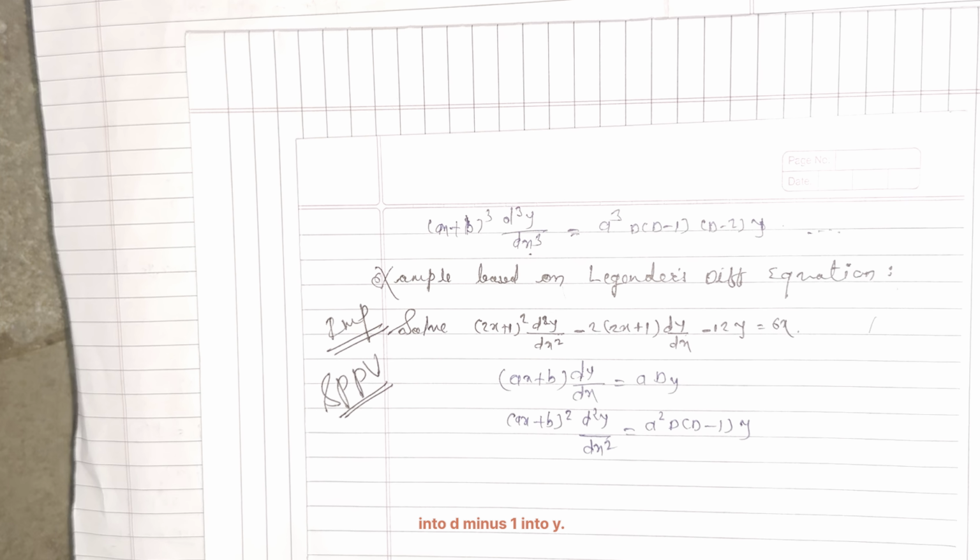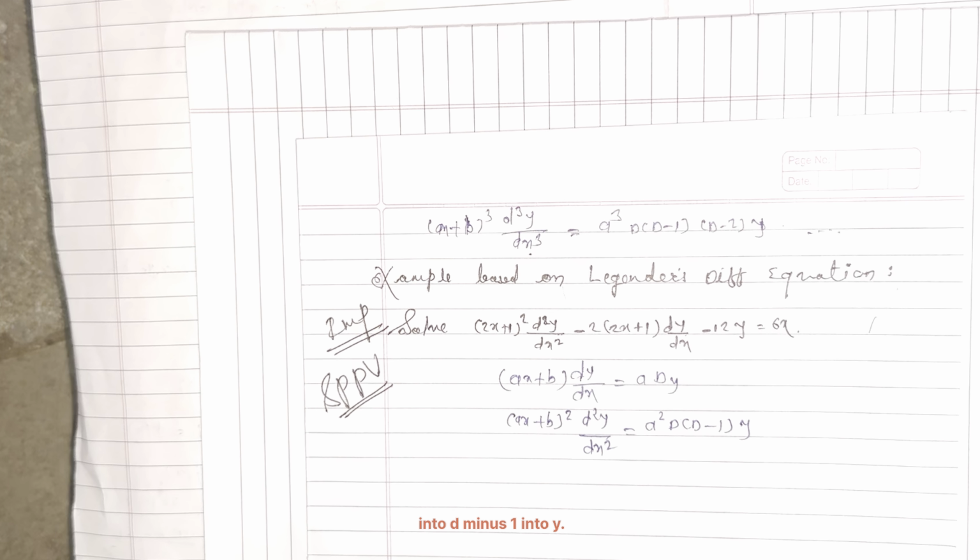If you have a cube, you just extend the values: (ax plus b) cube d cube y by dx cube becomes a cube D into (D minus 1) into (D minus 2) into y. This value we replace whenever we have Legendre's differential equation.